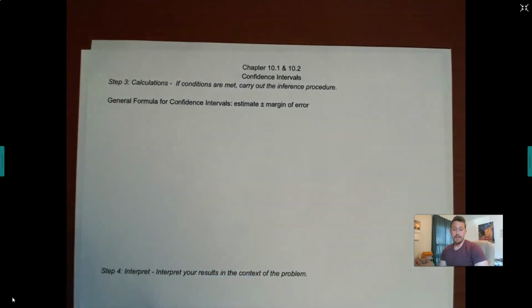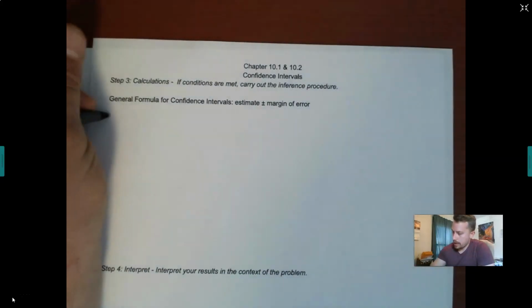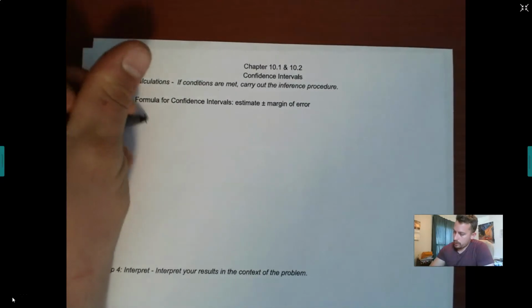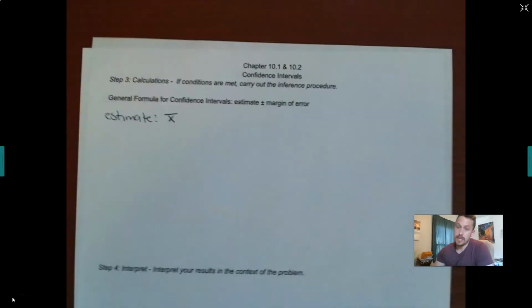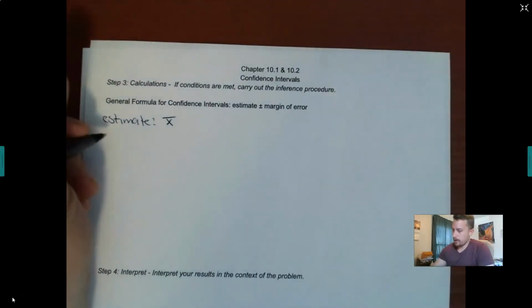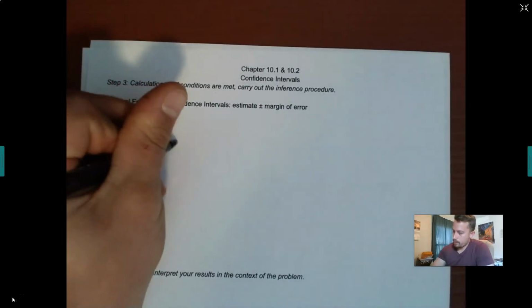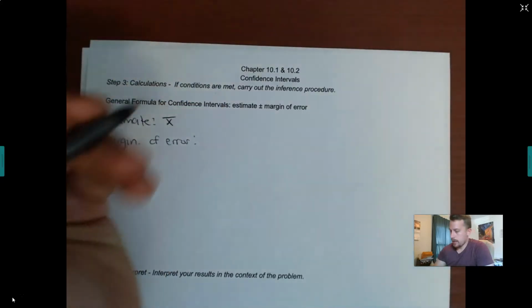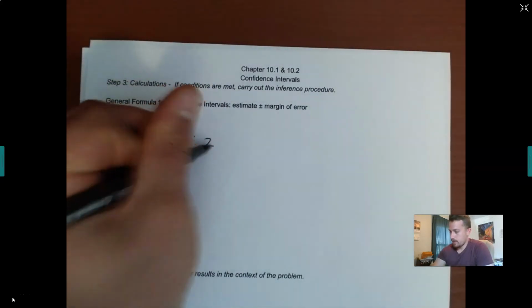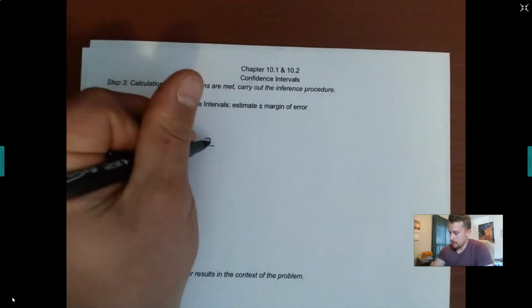So the estimate we're using to predict the population mean is simply the sample mean. So our estimate is going to be our sample mean, which is x bar. The margin of error is going to be the critical value z.